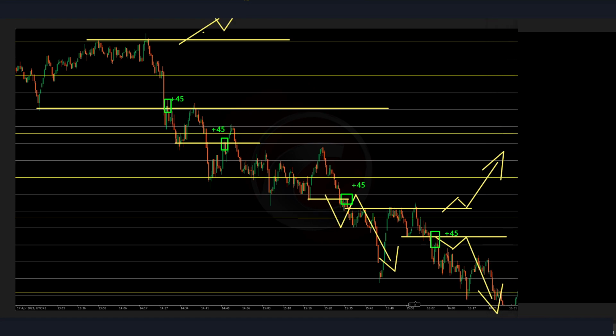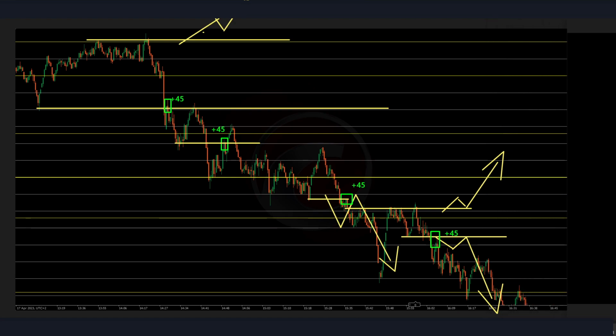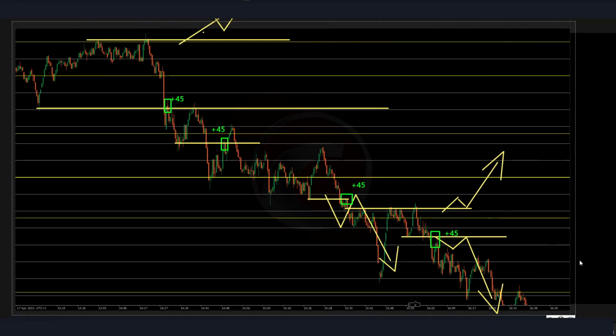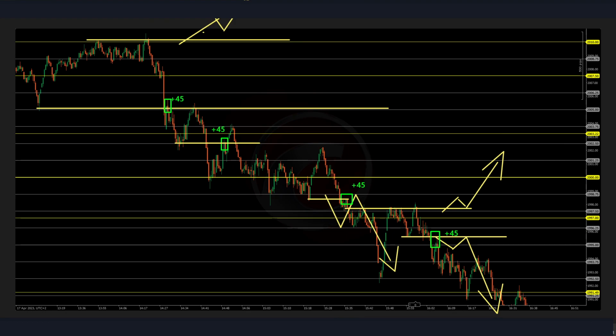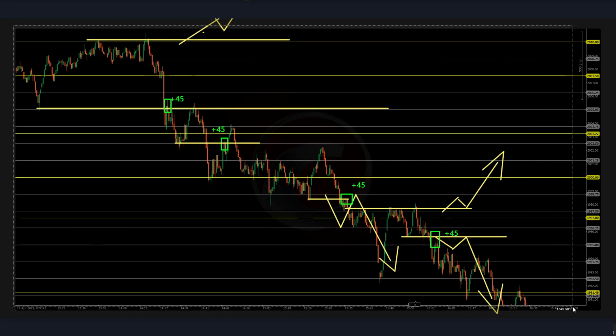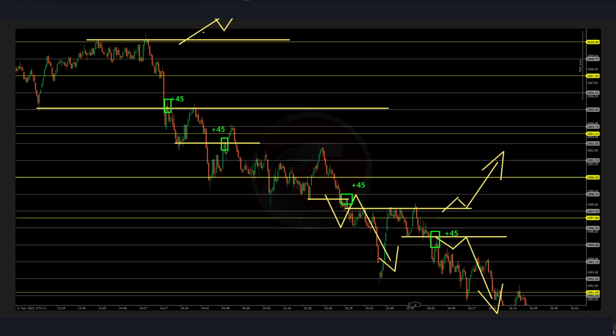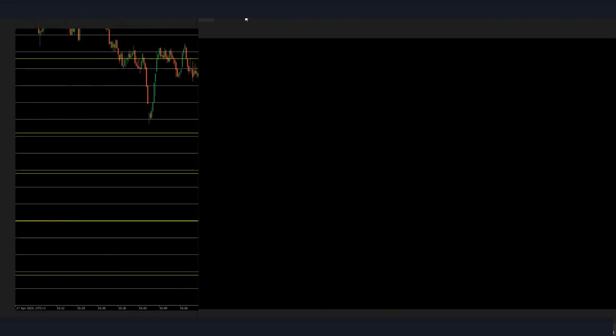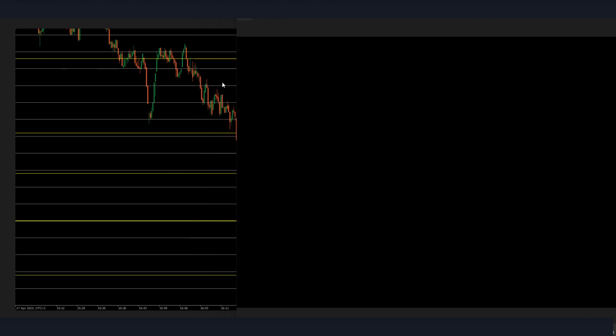Let's see now. Yes, price is dipping below. I don't know if we have a part B of this one. Very good. Let's see. What is the next one? Yeah, it's part B. So we took these sells below here.